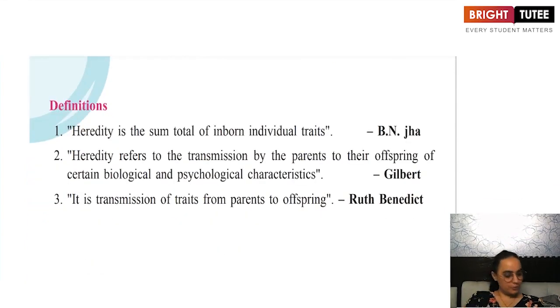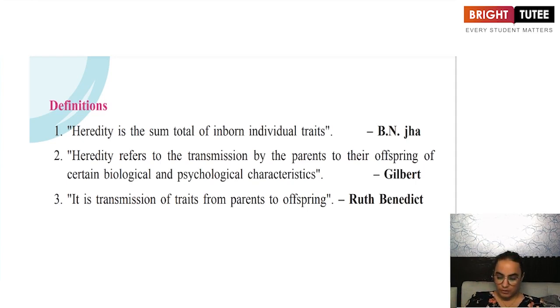Let us look at a few definitions of heredity. So heredity is basically the sum total of the individual traits which are inborn. What is inside us from birth, that is heredity.